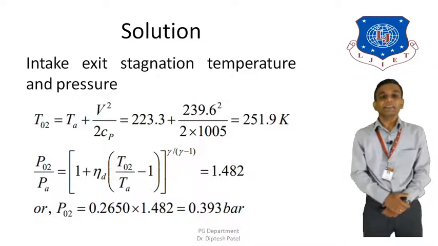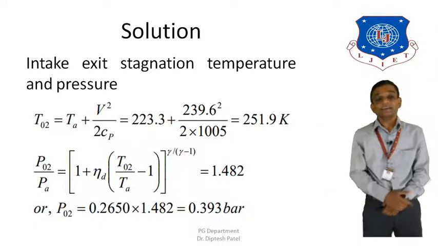So let's begin with the stagnation temperature and pressure at the intake exit. The first thing is T02, the stagnation temperature at point 2, which is equal to TA plus V squared divided by 2Cp. Now I am going to put the values in.